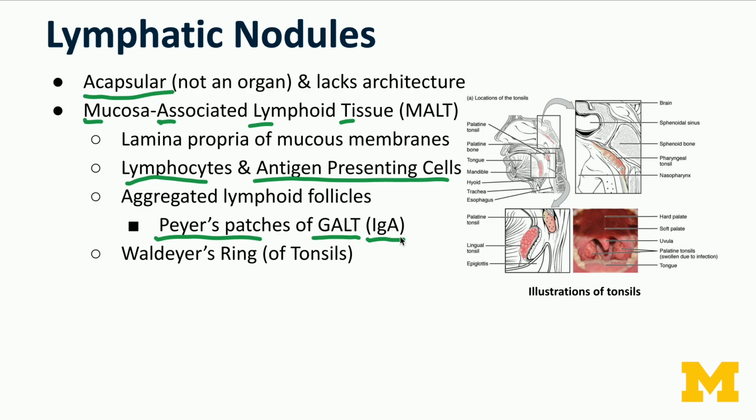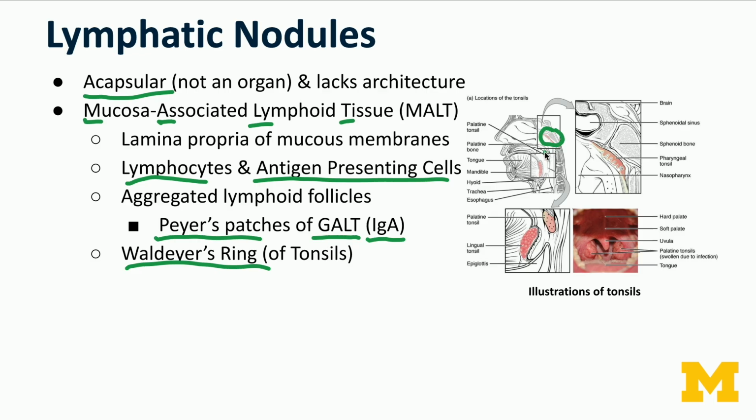Now we have a very specific set of lymphatic nodules that surrounds our aerodigestive pathway, so both the nasopharynx and the oropharynx, called Waldeyer's ring, or Waldeyer's ring of tonsils. So over here we can see aggregations of lymphoid tissue. So we have a pharyngeal tonsil in the nasopharynx.